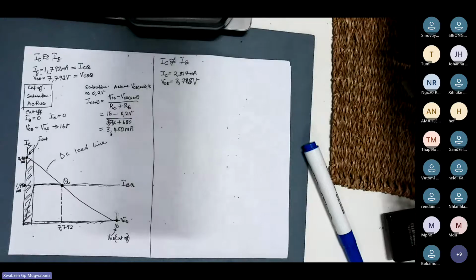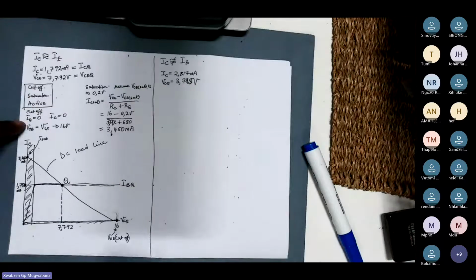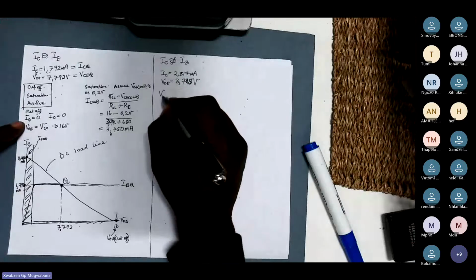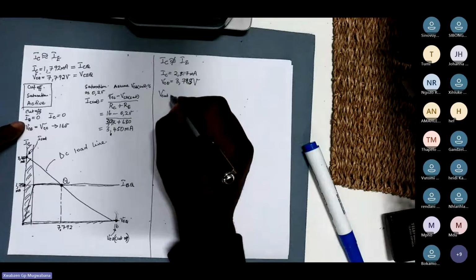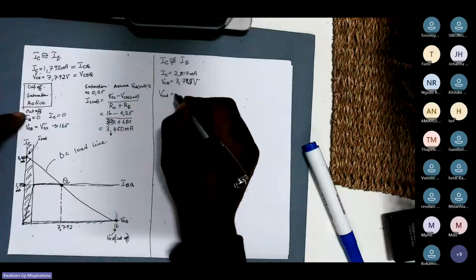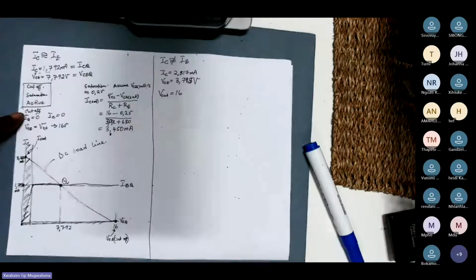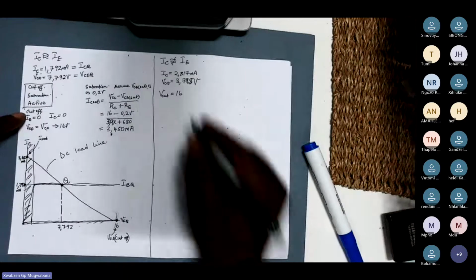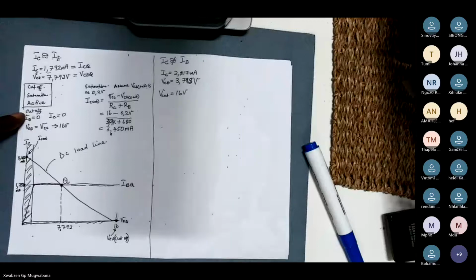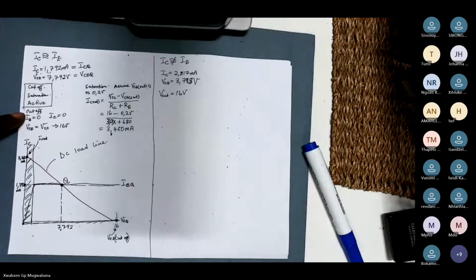Now you have got this one. Now you have to do the cutoff. You need to do these three regions: cutoff, saturation, and active. What will be the cutoff here? Your V cutoff here will be 16 volts, right? Are we agreeing on that one? Yes, sir. Okay.